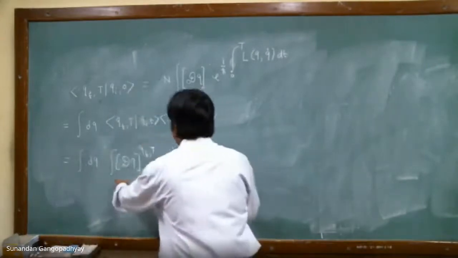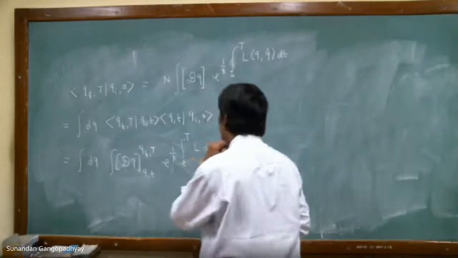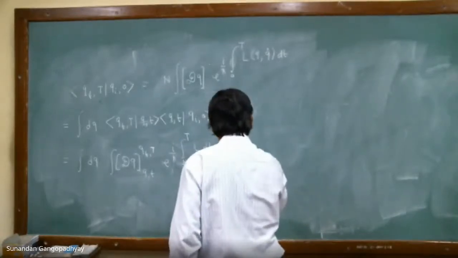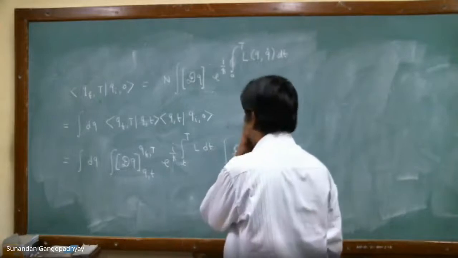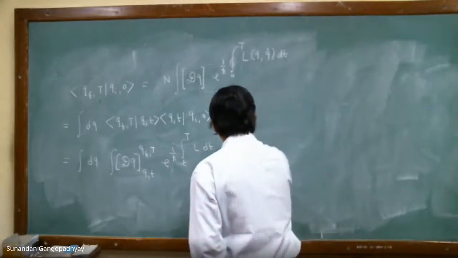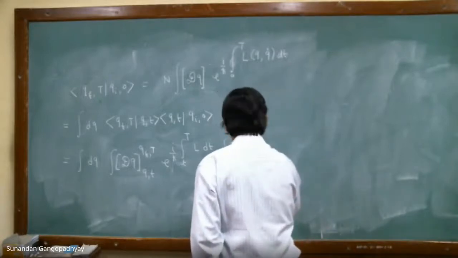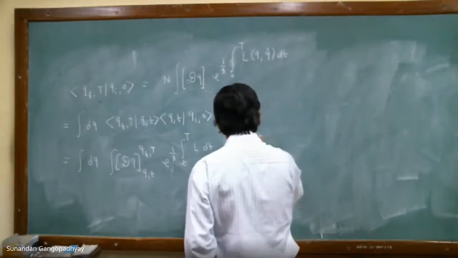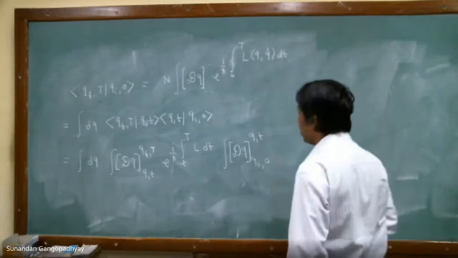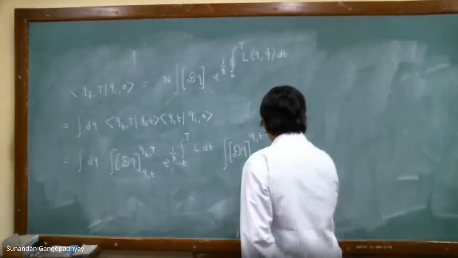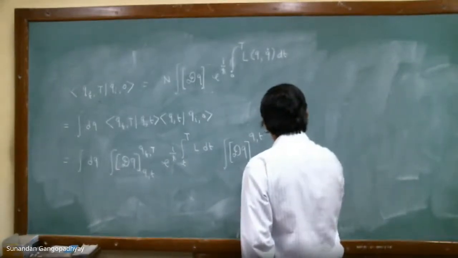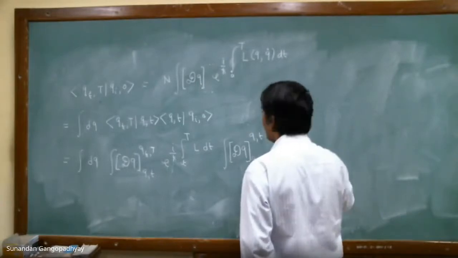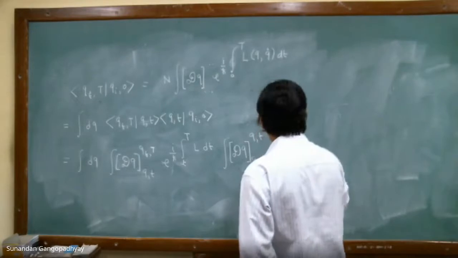This is the path integral representation for this propagator, and then you have another propagator, and that will be Dq. Here the boundary condition will be q_i at 0 to the intermediate time t and position q, and this will be e to the power of i by h bar integral from 0 to t, the intermediate time, of L.